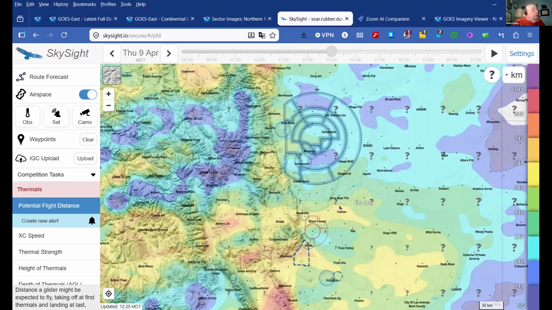Now, notice there are question marks. There's little question marks and there's big question marks. One of the things that's done in SkySight is this concept of ensemble models. When I'm doing modeling, I've got the output of my model, or in this case, the SkySight model. But then I can take a bunch of other weather models and run them, maybe time sequenced, or adjusted for different temperatures than what my model assumed, or different winds.